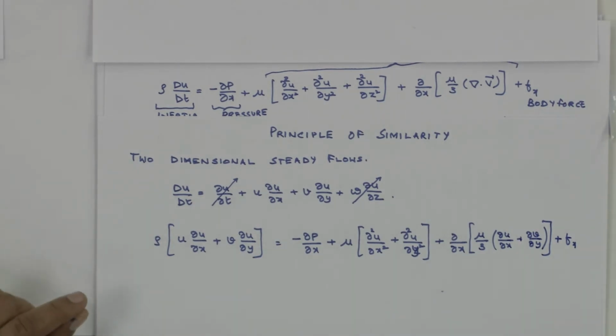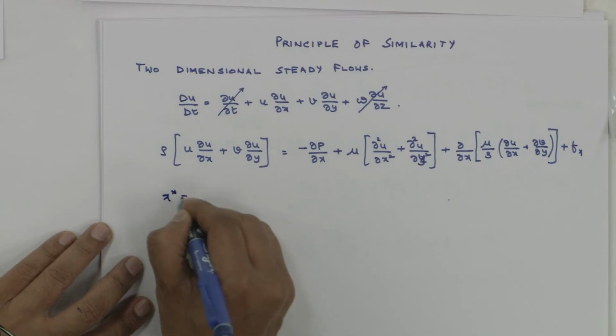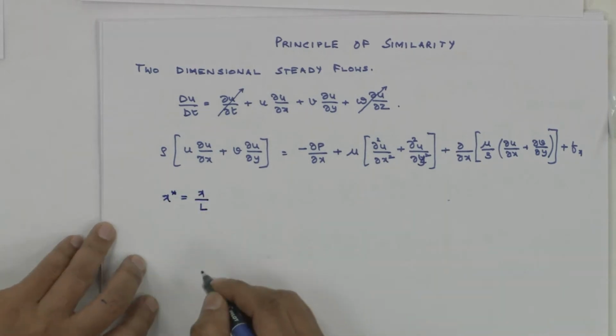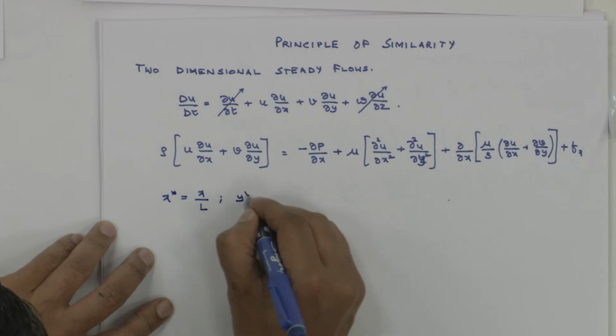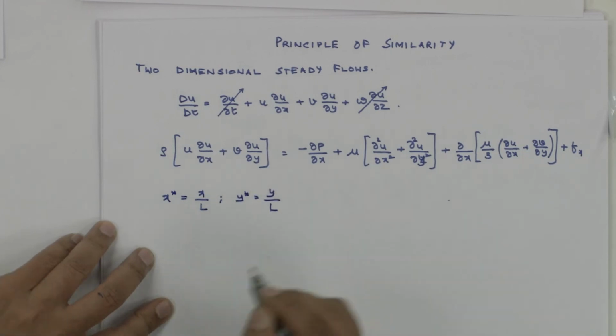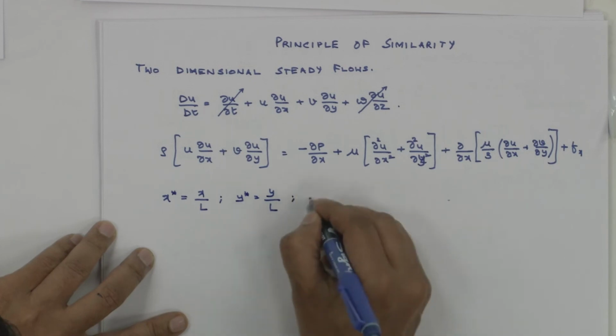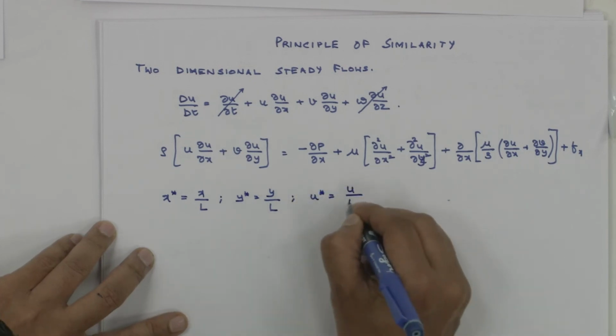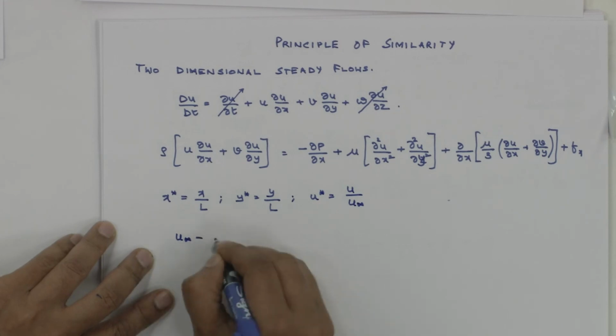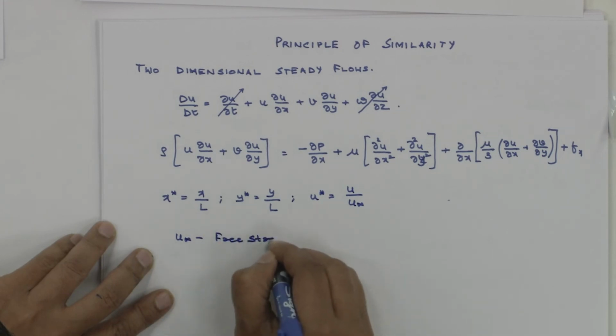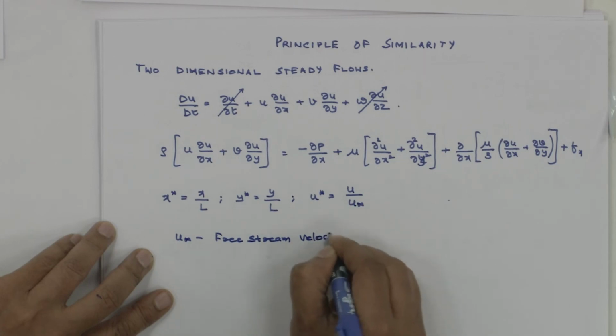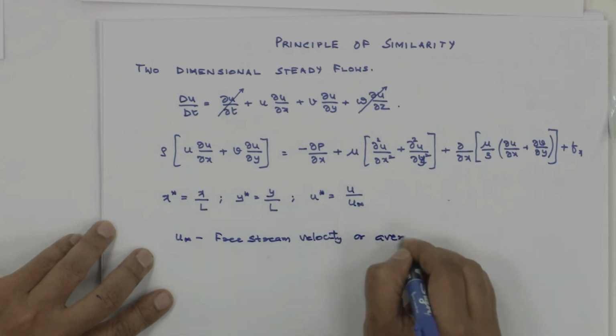Now I will have to non-dimensionalize these equations. I will non-dimensionalize x with a characteristic length, x star equal to x by L, y star equal to y by L, and u star equal to u by u infinity, where u infinity is the free stream velocity in case of a flat plate or the average velocity in case of flow in pipes.